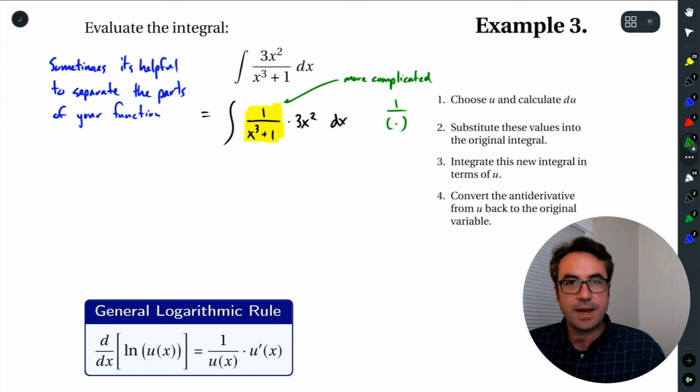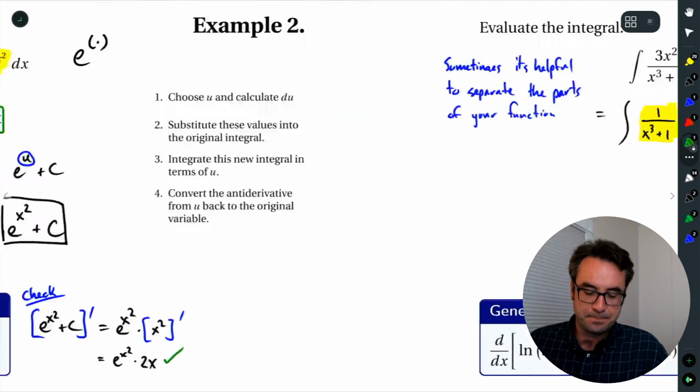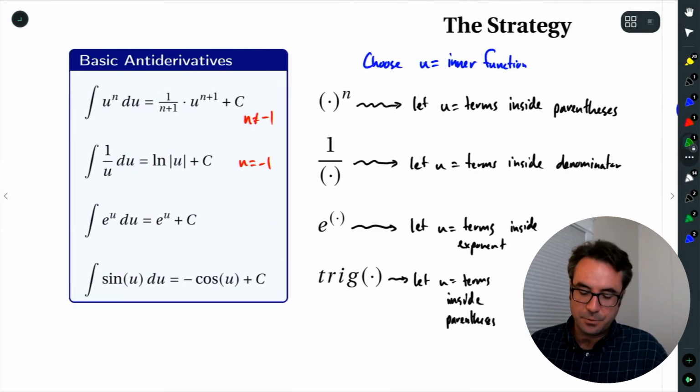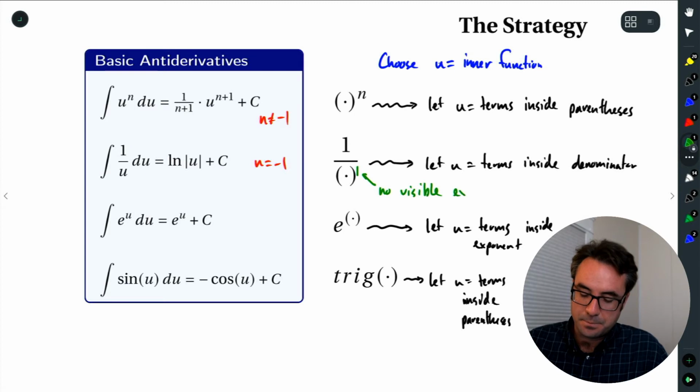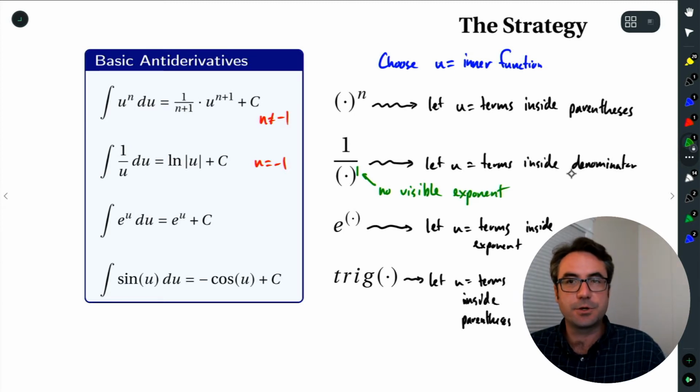So the strategy for when we have a fraction like this, really a fraction with no visible exponent, let's go back to our little strategies here. When we have a fraction, 1 over something, if there's no visible exponent, really it means there's a hidden 1. Then you let u equal the terms in your denominator.